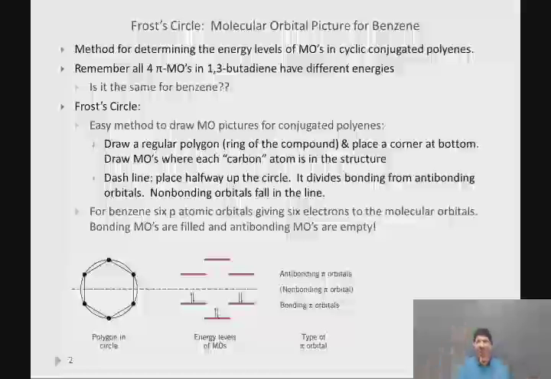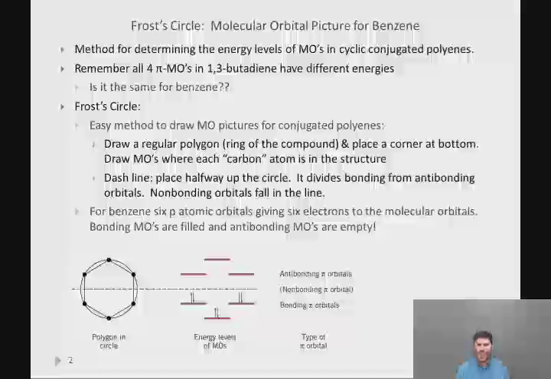And then finally, Psi6 is going to be the highest energy molecular orbital. Then what we normally do in a diagram like this is place a dashed line halfway up that divides the lower energy bonding orbitals from the higher energy anti-bonding orbitals. There will be some molecules that may have non-bonding orbitals. As we will see, benzene is not one of them. All of the orbitals in benzene are either bonding or anti-bonding.